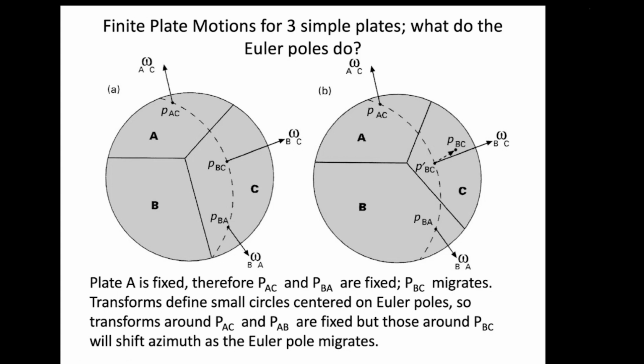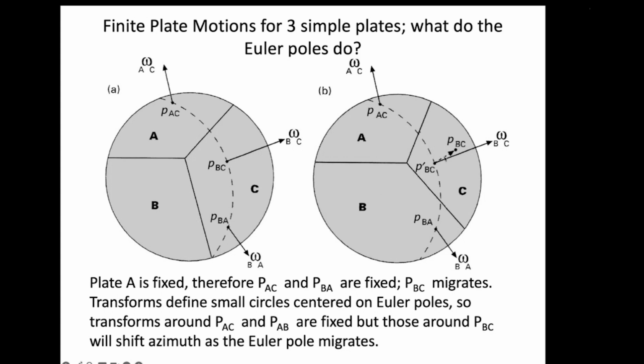So we're going to fix plate A, and therefore the pole of AC and the pole BA are also fixed. So only the pole between B and C is going to move. And we can see that here, right? Because B and C are changing size.